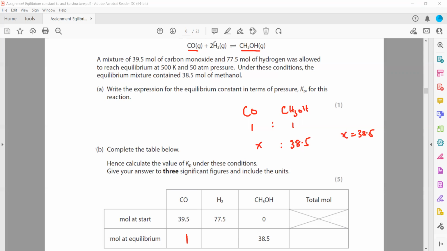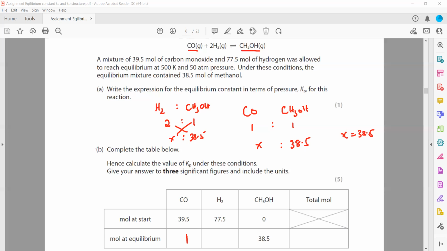Same thing, we will take a ratio between hydrogen and methanol. According to the equation, the ratio between hydrogen and methanol is 2:1. So if 38.5 moles of methanol are there, X moles of hydrogen will be. So we cross multiply, so 38.5 will be multiplied by 2.